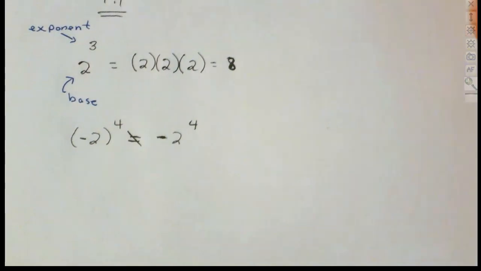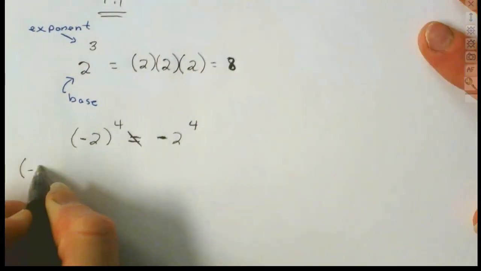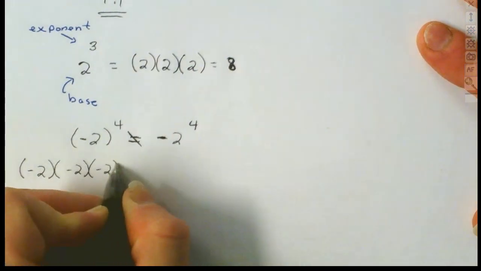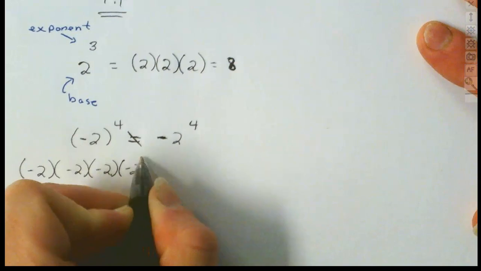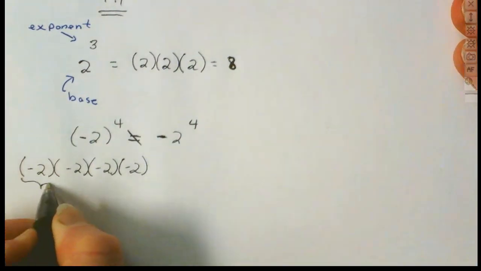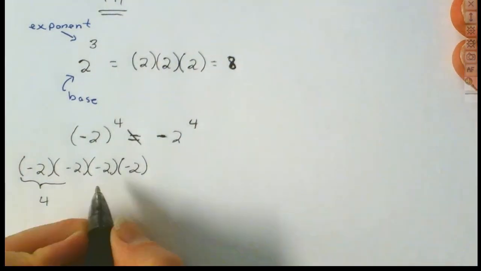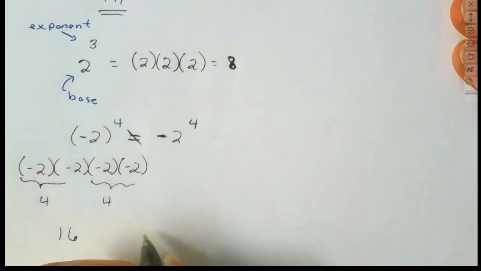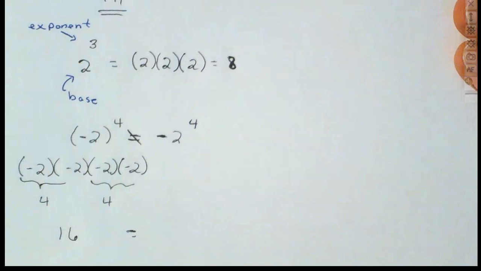So negative 2 to the fourth power is written out like this, 4 times. And what do we know about a negative times a negative? The negative times a negative makes it positive, and that comes out to 16.